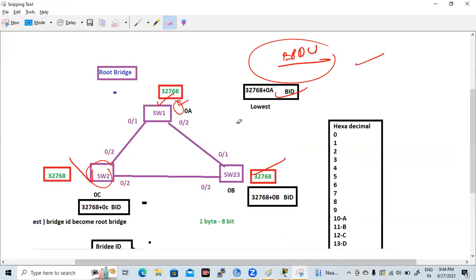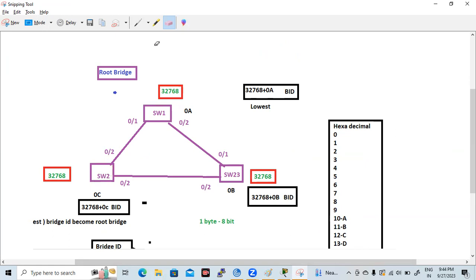See in here, priorities by default are there, right? This is also 32768, this is also 32768, this is also 32768. So now we are going to consider the MAC address. That's what we discussed: 0A, 0B, and 0C.